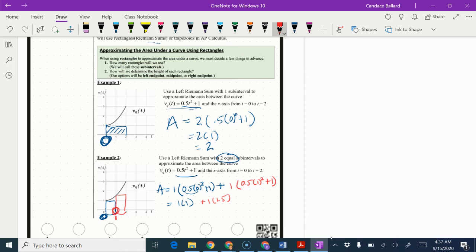Sorry, it's too early in the morning. This is 1, and then that would be 1.5, which is 3 halves. So I'm going to rewrite that as 2 halves. So my final answer, the estimate of the area under the curve, is 5 halves.